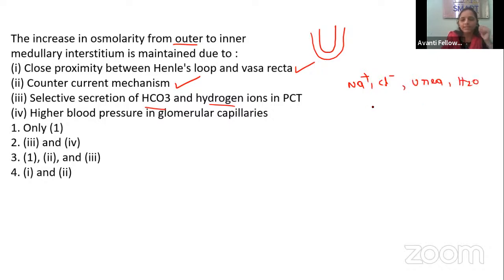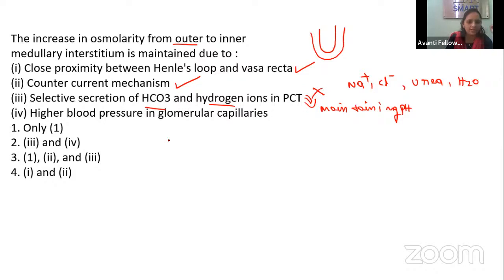Whereas bicarbonate and the hydrogen ion are involved in maintaining the pH. Maintaining the pH is different and maintaining the osmolarity is different. So that's why this third statement is wrong.